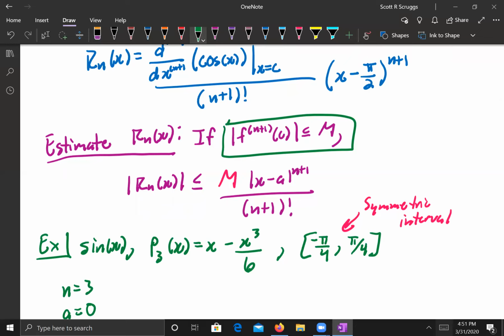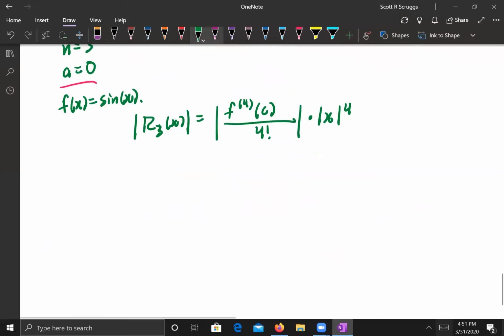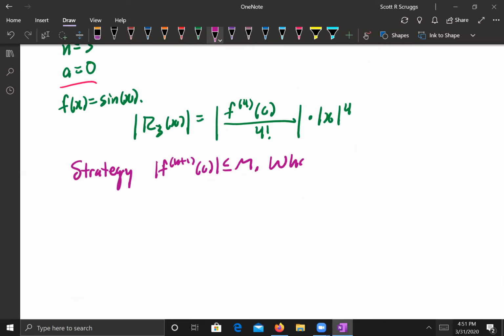And typically, the strategy is to figure out what to bound the n plus 1 derivative at c by, to pick M, is to essentially ask yourself, what's going to maximize that guy? So in the interval negative pi over 4 to pi over 4, or in any interval that we always work with, we need to figure out what will maximize it.